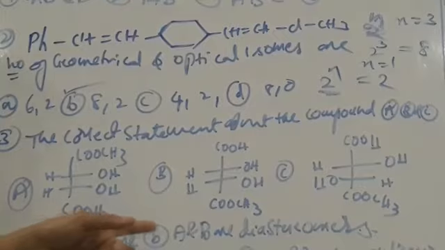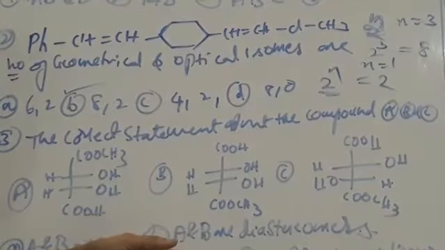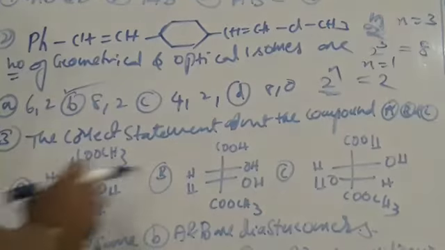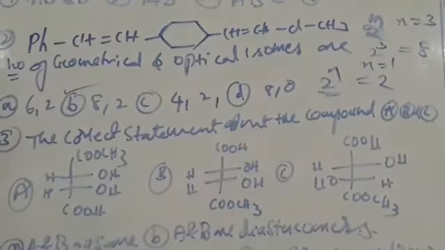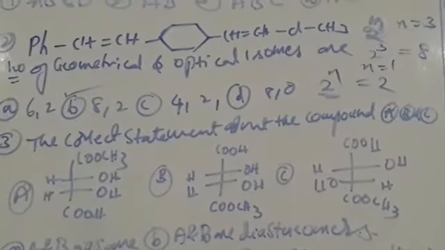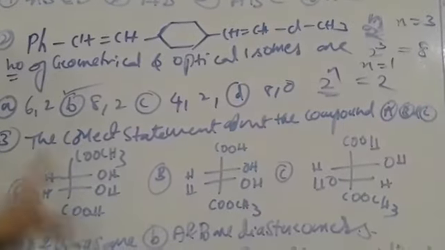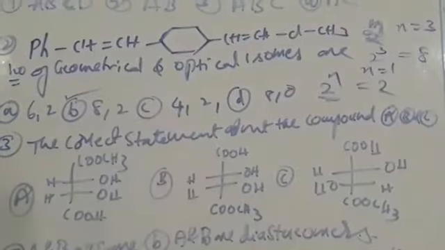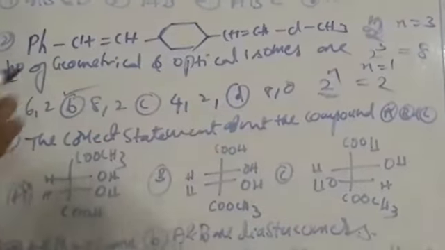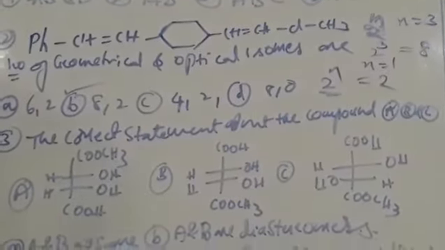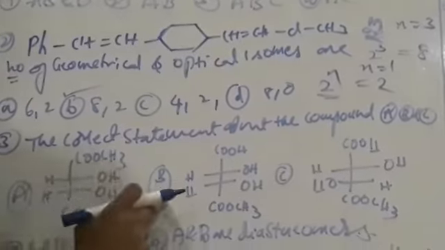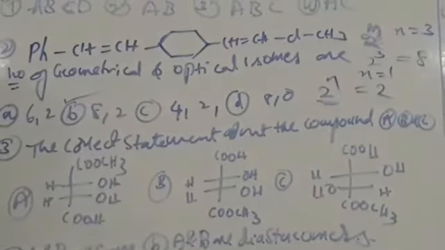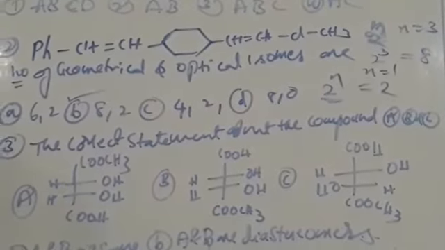And A and B are diastereomers. These are not diastereomers. Why? Because the OH and H groups are superimposed with each other. So that's why these are not diastereomers. They are not superimposable with each other, but they form mirror images. So A and B are enantiomers, but not diastereomers.